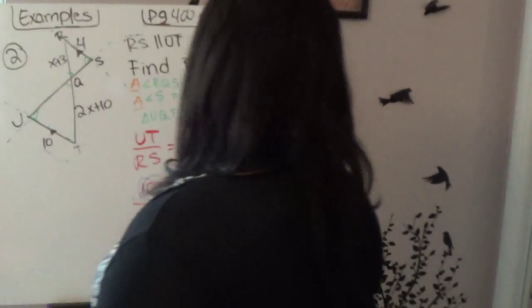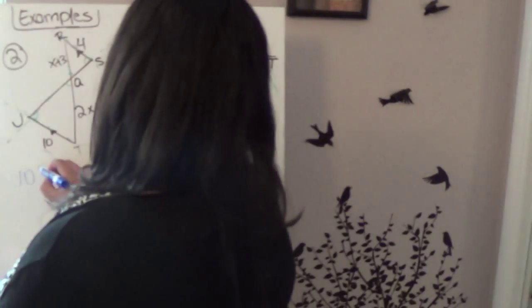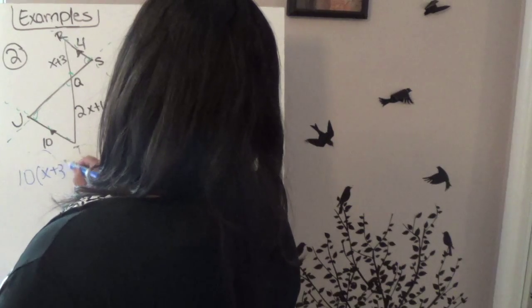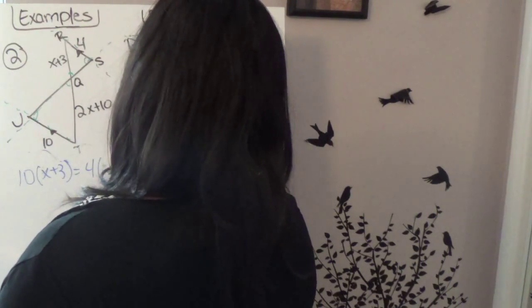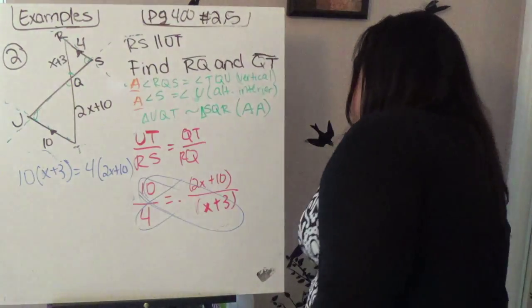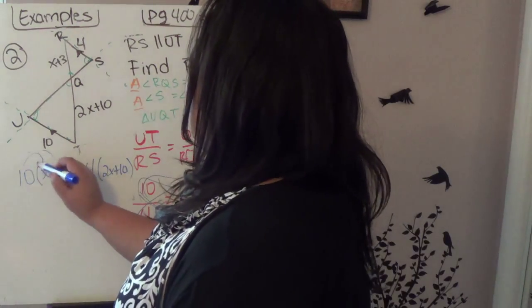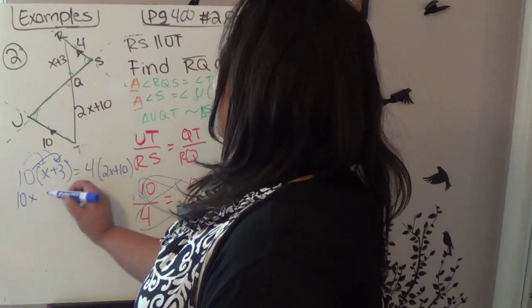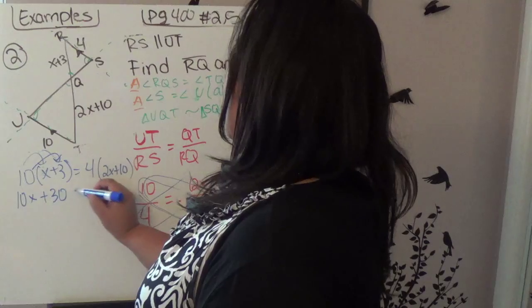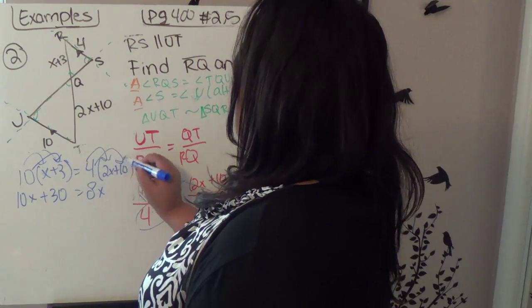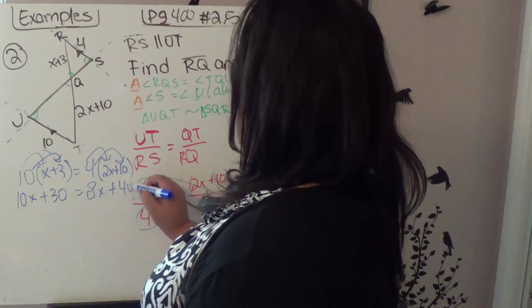It's supposed to be 10 times x plus 3 equals 4 times 2x plus 10. This looks better. Okay, let's go from here. This gives me 10x plus 30 equals 4 times 2 is 8x plus 40.